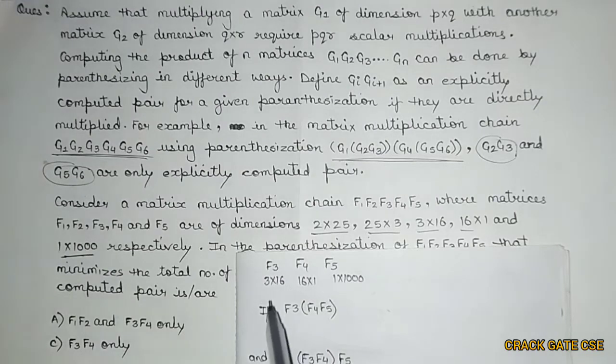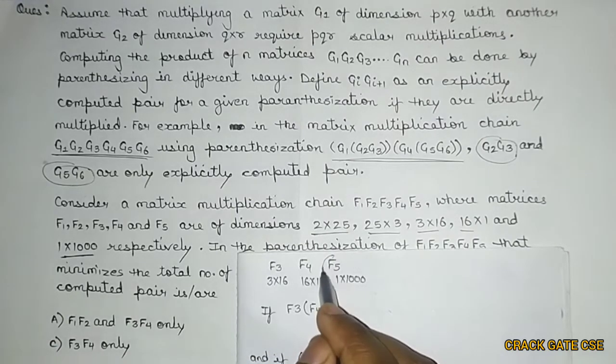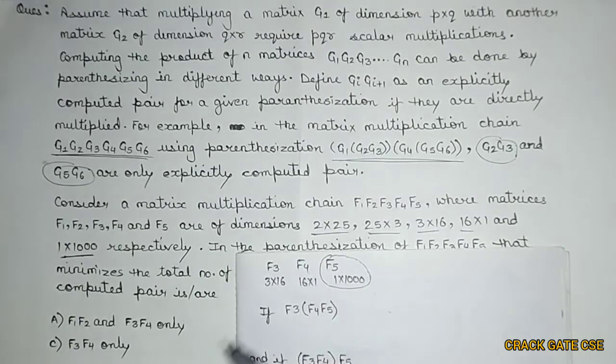For explaining this, I took three matrices F3, F4, F5, same as this, and these are the dimensions. I just want to show you how F5 will give you the maximum and minimum number of multiplications when we are multiplying it earlier and when we are multiplying it at the last.